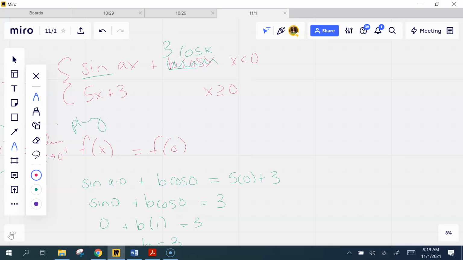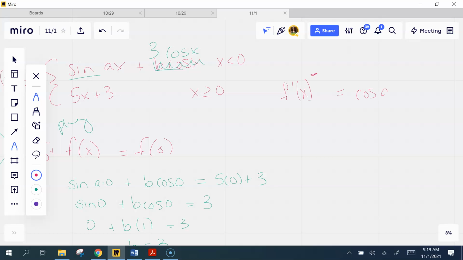If it's differentiable, then the left-hand derivative and the right-hand derivative have to be the same. Do you agree with that? It says it's differentiable at x equals 0. Find the value of a. So what is the left-hand derivative? What is the derivative from the left, for x less than 0?